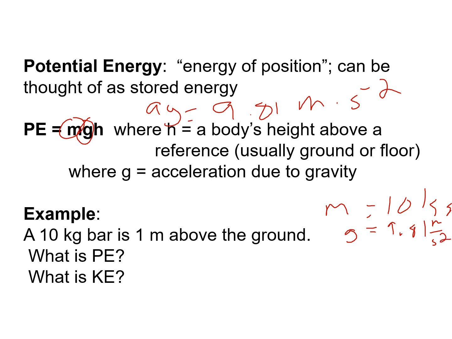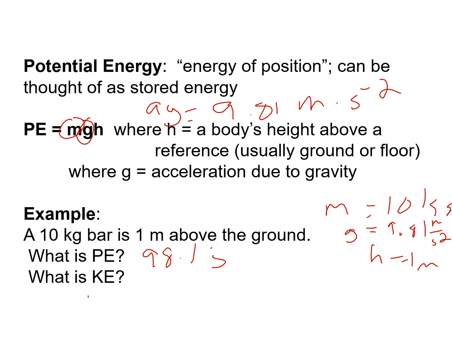And height equals 1 meter. So we just take 10 times 9.81 times 1. It doesn't really matter too much, but we'll do it anyway. That's going to give us 98.1 joules.